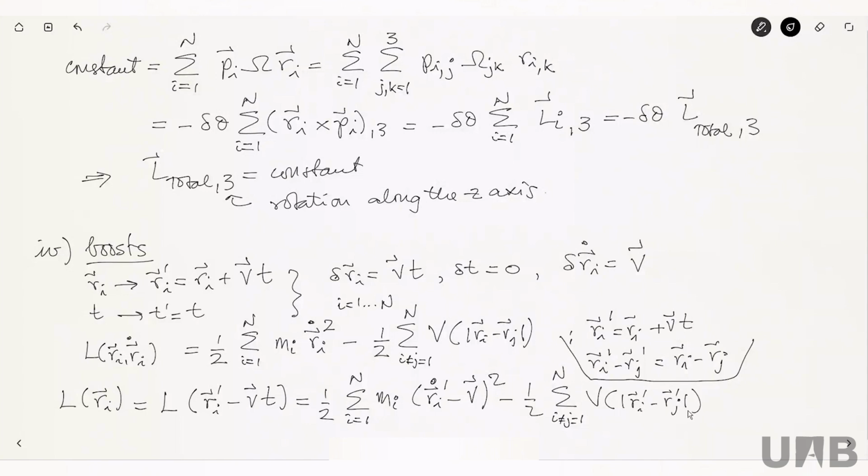Now, the velocity can be small, right? Because we are only taking into account infinitesimal variations. This is a very small change. However, in this square here, there's going to be a linear term in V, right? So let's work this out. Let's compute it. L of r_i also depends on r dot, but I don't care.